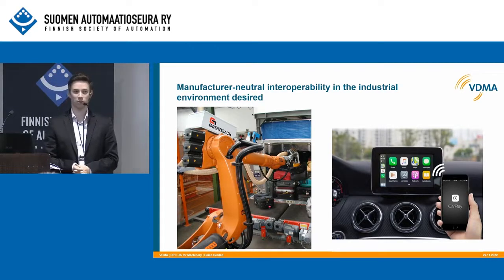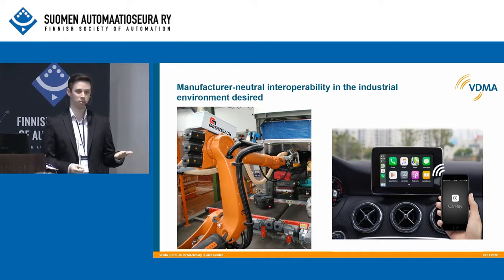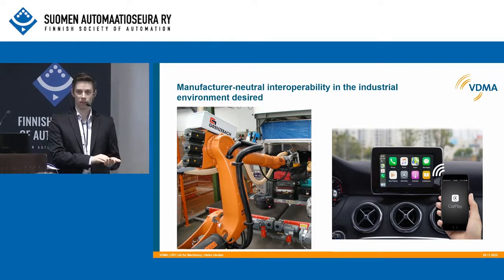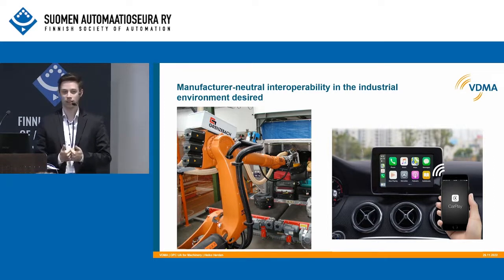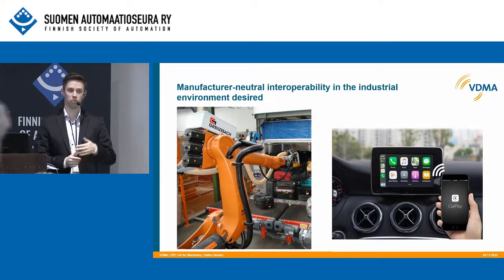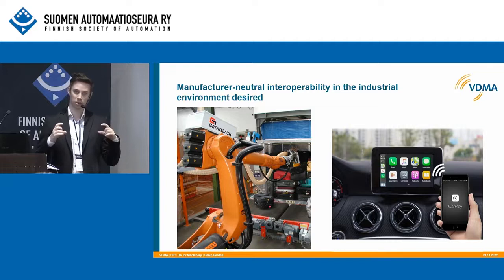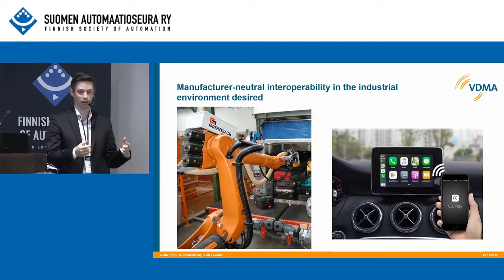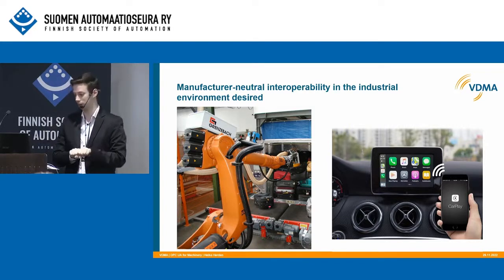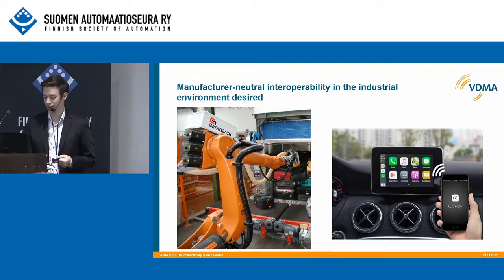So for example, you have a cell phone which supports the Bluetooth standard. And you have a car which supports the Bluetooth standard, and then you can just connect it. That's called plug and work. And this is the target image for us in industrial context as well. So I want to buy a new machine. I want it to support certain standards, and then I can just connect it and have plug and work. So how do we get there?